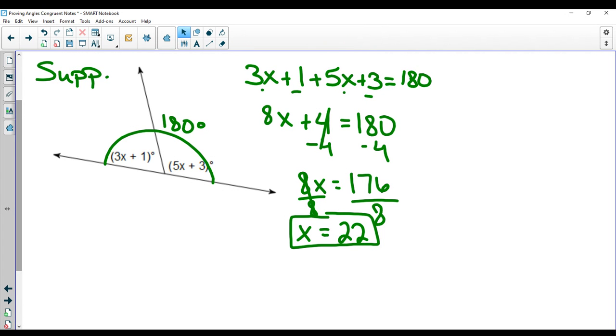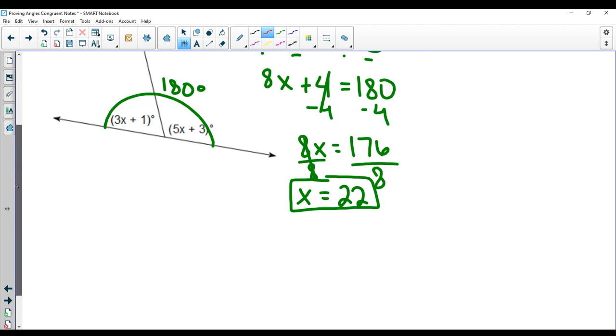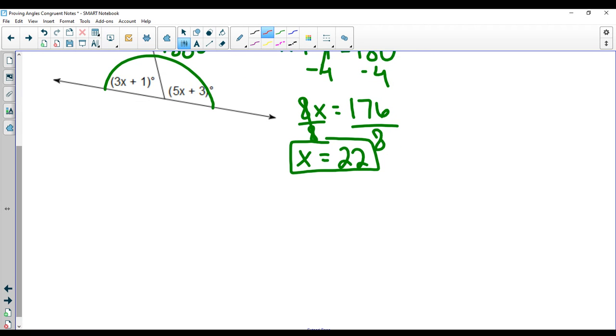Alright. So that's if you're just asked to find x, and that's probably most of the time what you're going to be asked to do. But they could ask you, what's this specific angle measure? In other words, go plug the x back in. So let's just see what happens when we do that. Let's plug x back into both of these.